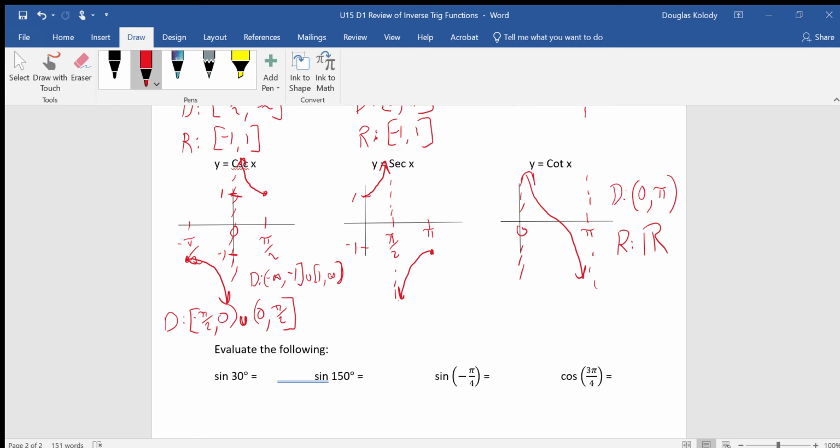Let me try to create a little bit more space right here for secant. If I can, let's see. My domain, let's just follow the graph, is going from 0 to pi over 2, soft bracket, or from pi over 2 to pi.